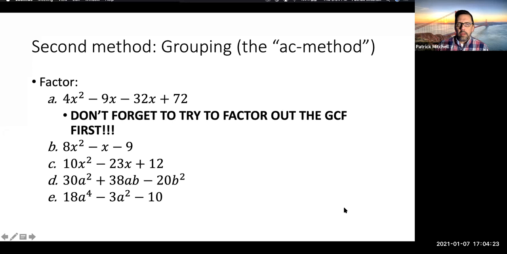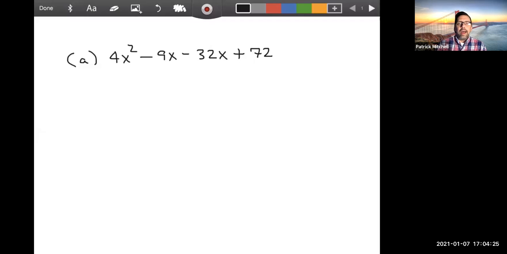So this first example actually could have come out of section 6.1 because this is already set up to use grouping. Notice that it has 4 terms. So it gives us a good excuse to review the grouping method. First of all, what do we always do at the beginning?